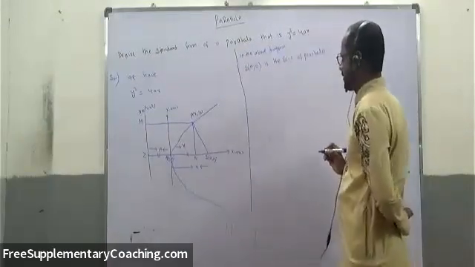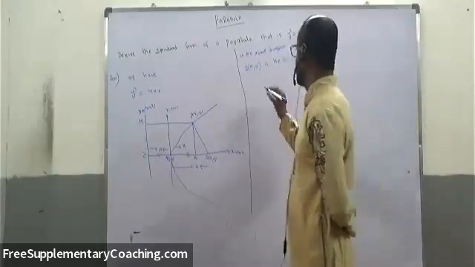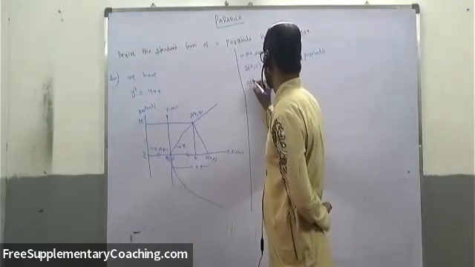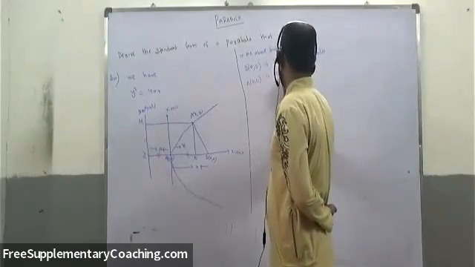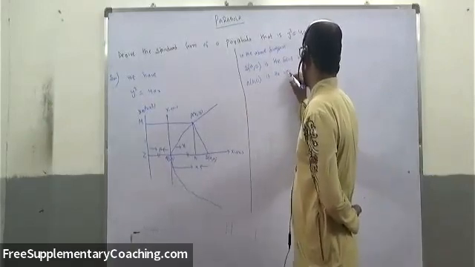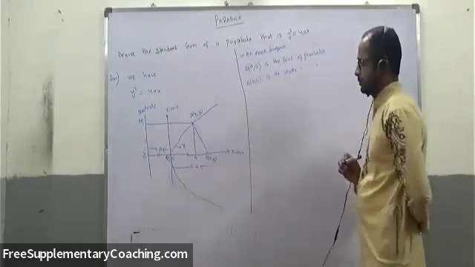A fixed point that is called focus. Next, A 0, 0 is the vertex of parabola.